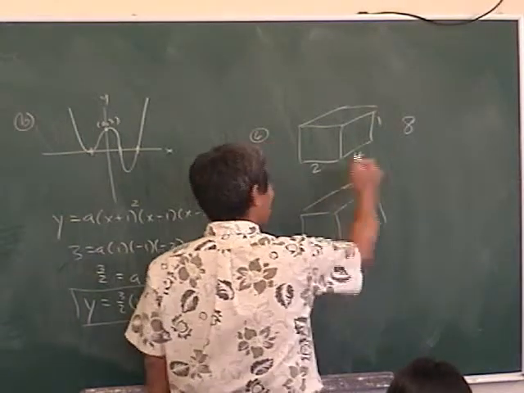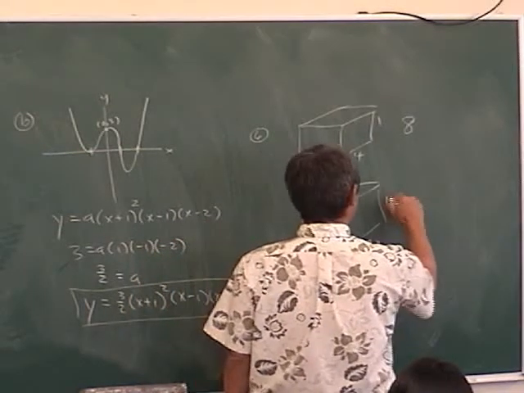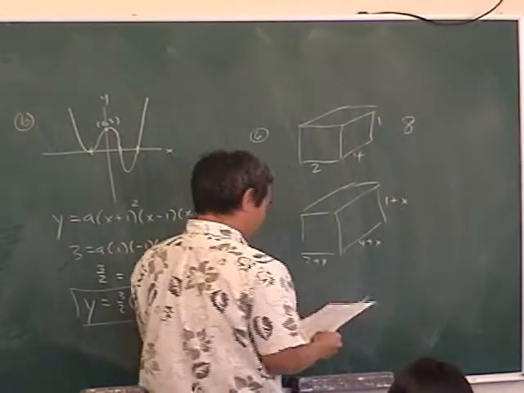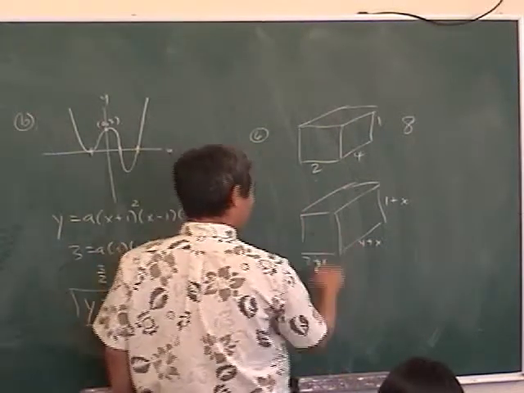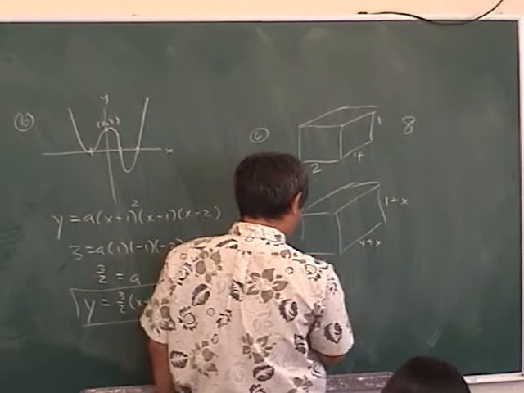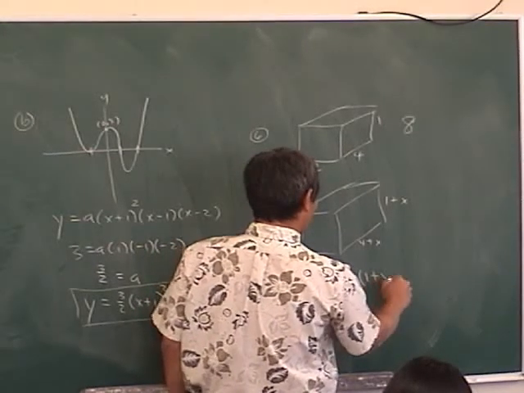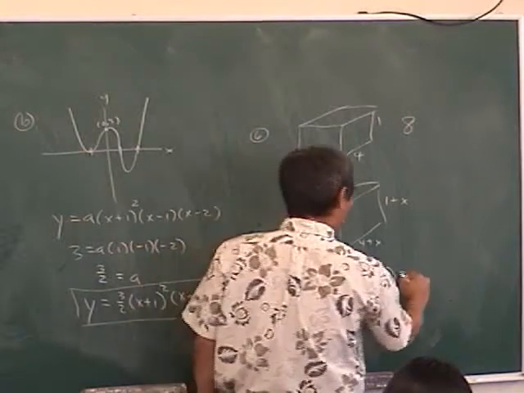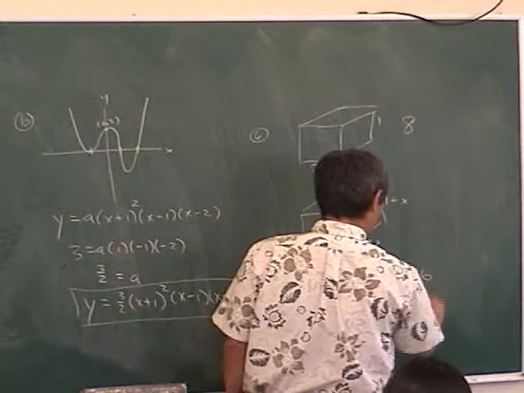So if you increase each dimension by x, it becomes 2 plus x, 4 plus x, 1 plus x. It says the volume of the box gets doubled. So what's the volume of this box? 2 plus x times 4 plus x times 1 plus x. And we want that volume to be equal to double this volume, right, which is 16.